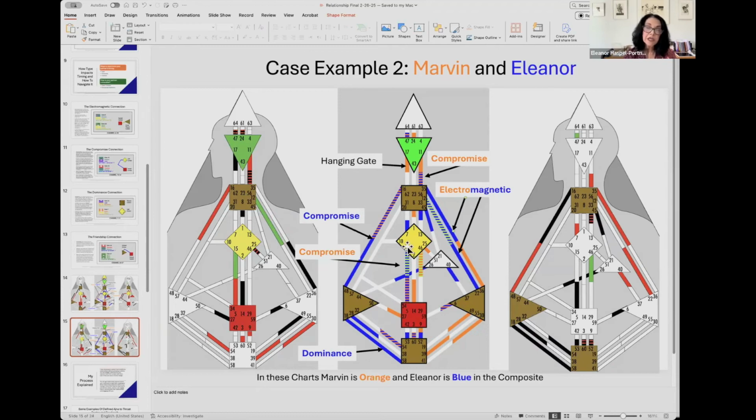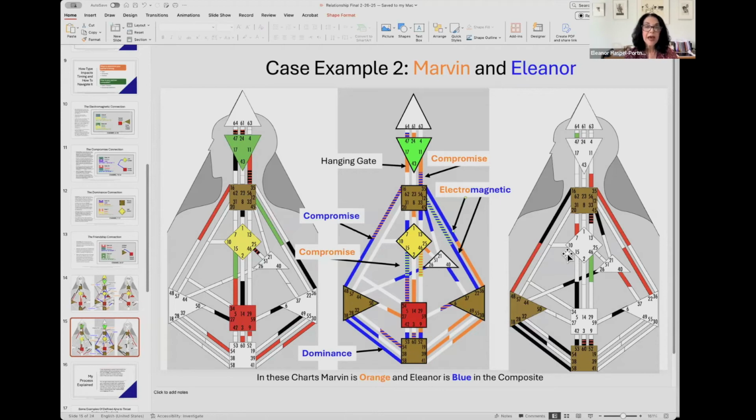The 5-15 is a compromise channel for us. Why? I only have the 5, but he has the whole channel. So when it is an issue of healing, I always defer to Marvin as a medical doctor who knows what works from that standpoint.